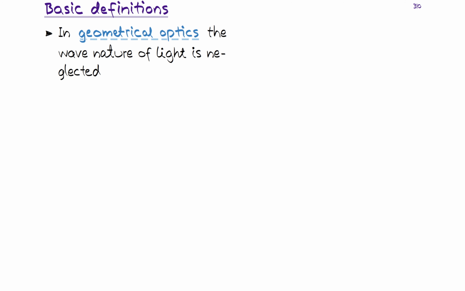And now in this chapter we are using the framework of geometrical optics. And here we are really totally neglecting the fact that light is behaving like a wave-like quantity. So we essentially assume that the wavelength of our incident light that is propagating through the system and causing objects to be imaged is approaching zero.